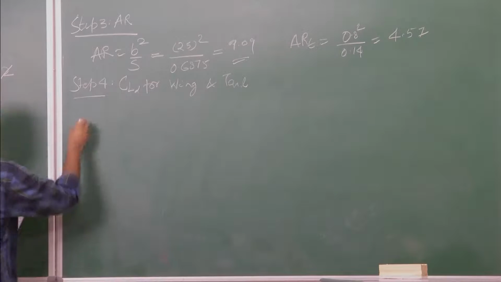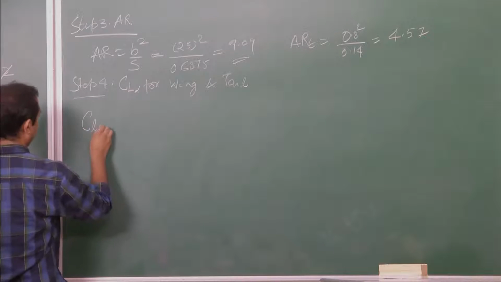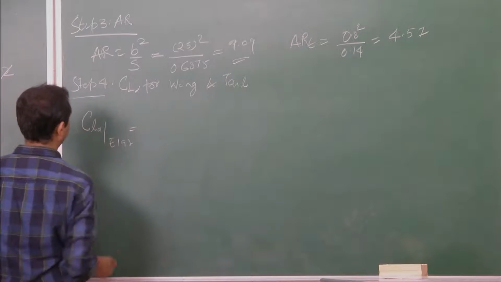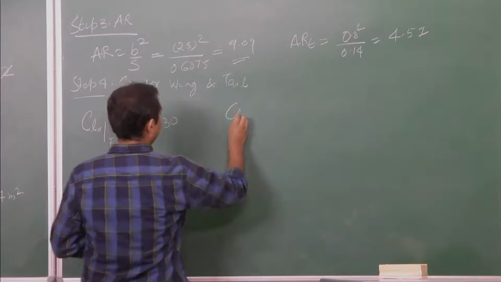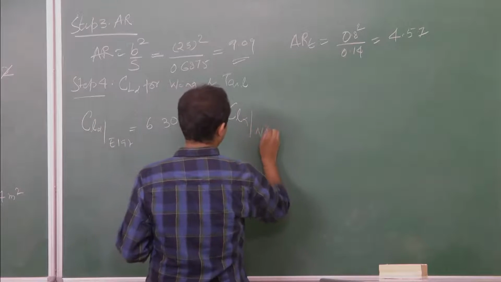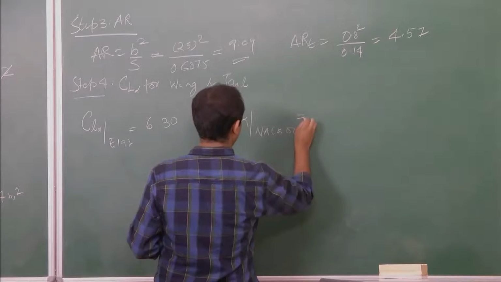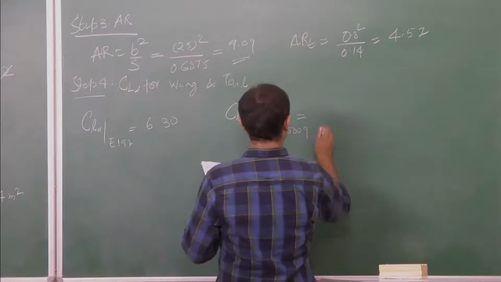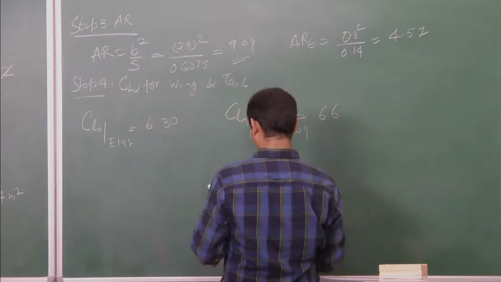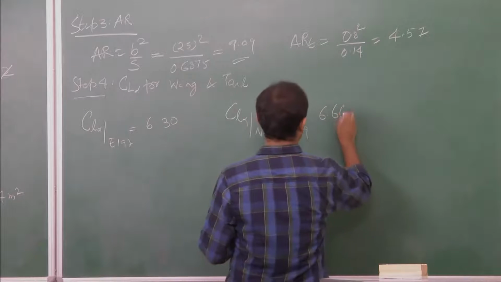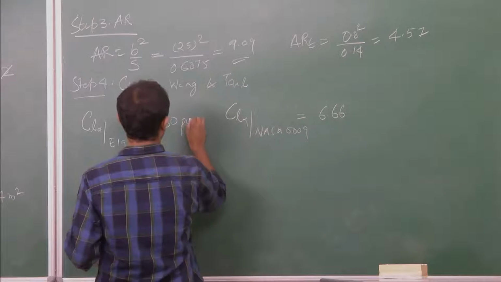The information which we got from the airfoil is the CL alpha slope for the Kepler 197 was 6.30, and CL alpha for NACA 0009 was 6.66. These are all per radian.